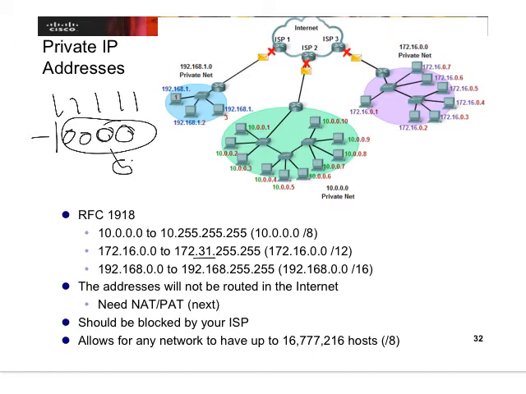So all the network addresses and IP addresses in this range can be private IP addresses. This is a range that uses a non-natural boundary.